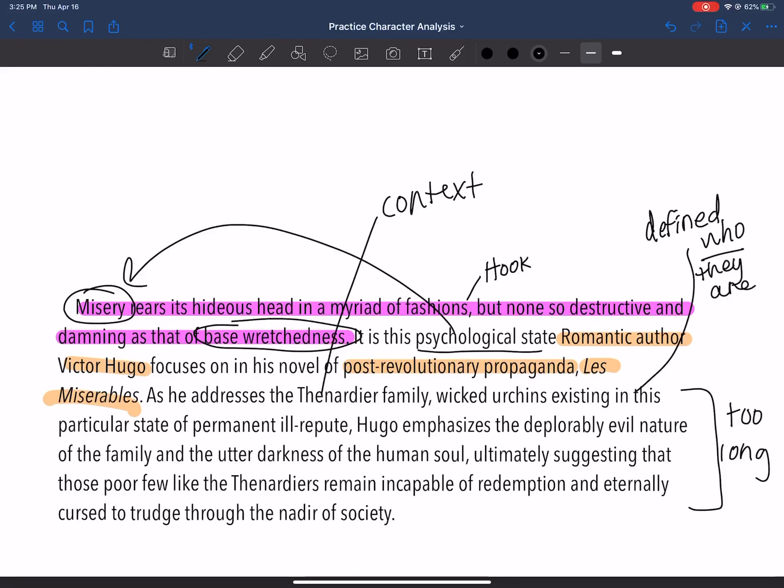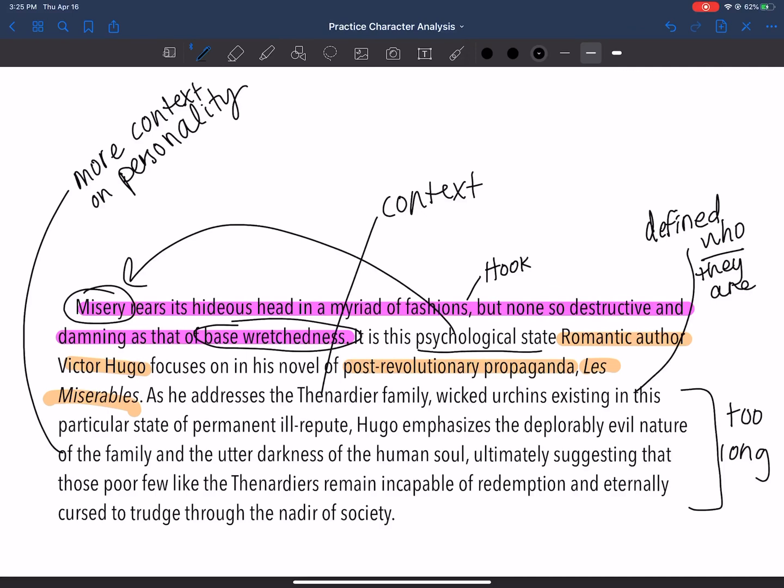literally. Hugo emphasizes the deplorably evil nature of the family and the utter darkness of the human soul. Okay, so here I get a better idea about their personalities, more context on personality, and it again suggests what I will be writing about in my paper.